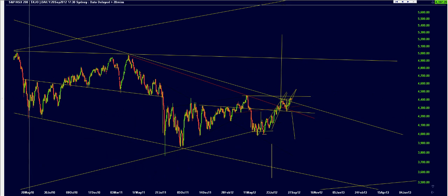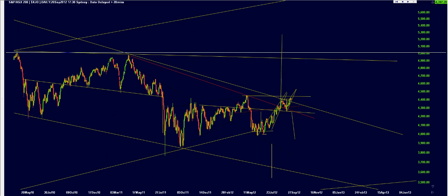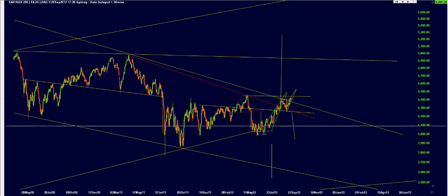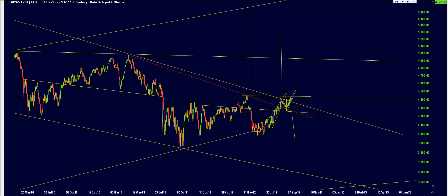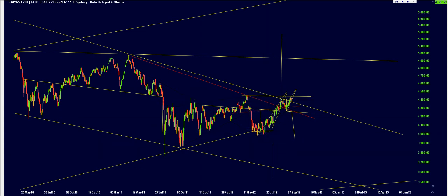Because if we look on the daily chart here, and this chart is going back all the way to May of 2010, every time we've got around this yellow line, the market has been rejected very strongly. Rallied on up, we got rejected at this point here on this red line, came back down, and we now have tagged on this yellow line a couple of times and have just gotten over it, but with a bearish rising wedge pattern.